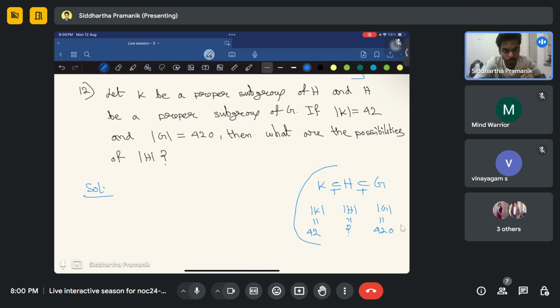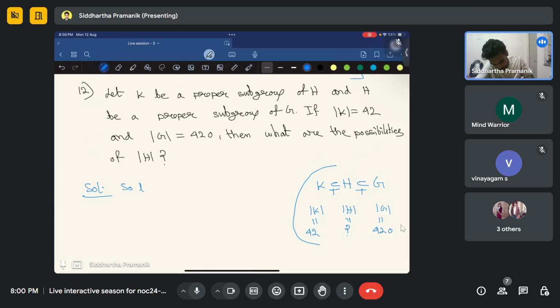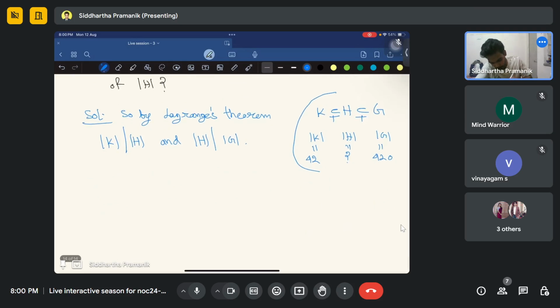Okay, let me do this. So K is a proper subgroup of H. So by Lagrange's theorem, the order of K must divide the order of H, and also H is a proper subgroup of G. So the order of H must divide the order of G. So let the order of H equal n.